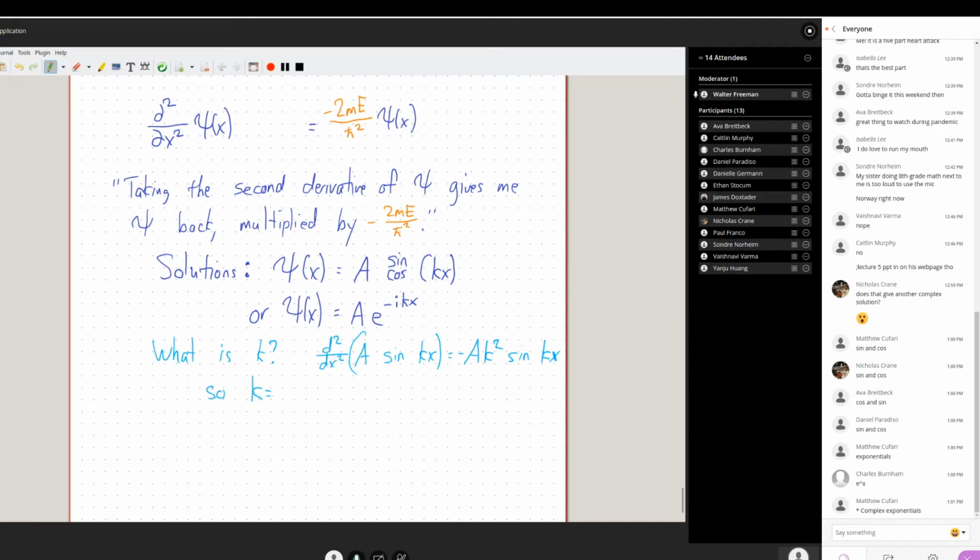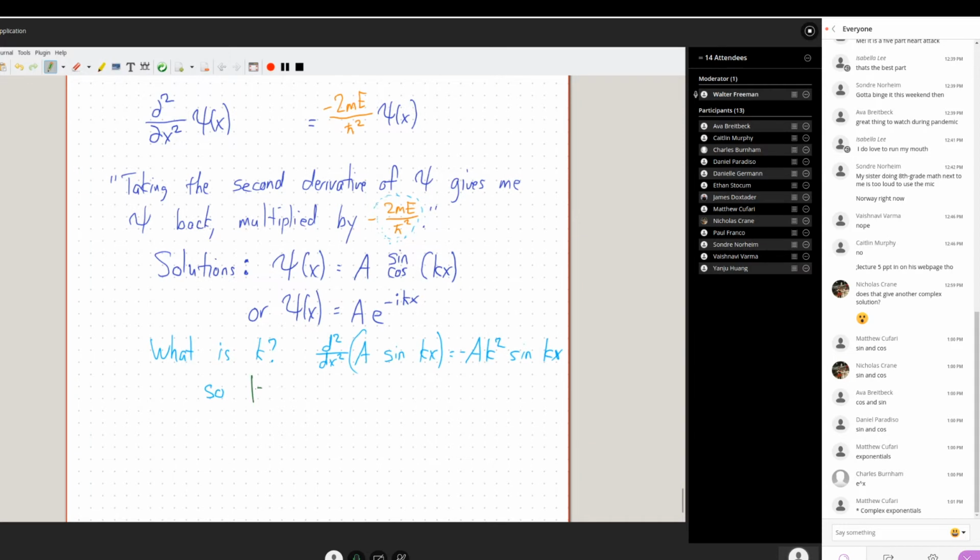So k equals the square root of this stuff here that I'm outlining in blue. This will be important. k is the square root of 2me over h bar. Okay.